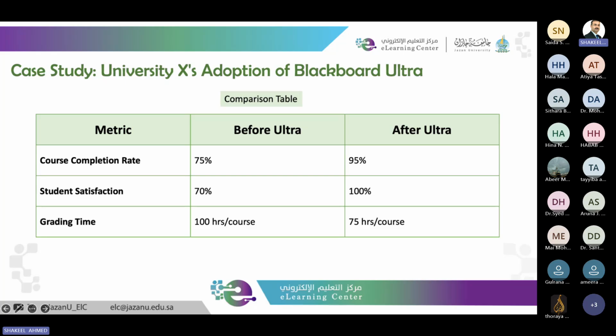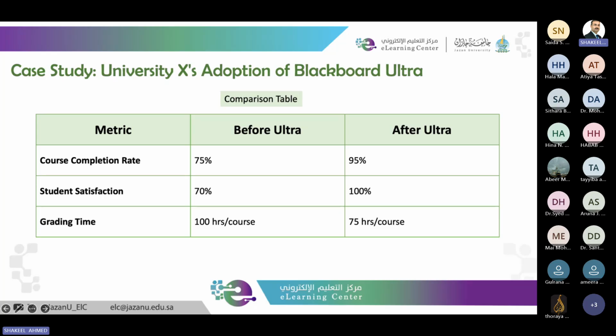This comparison table clearly shows the impact of moving from Blackboard Learn Original to Blackboard Ultra at the university. Before Ultra, course completion stood at 75% and student satisfaction at 70%, while faculty spent around 100 hours per course on grading.